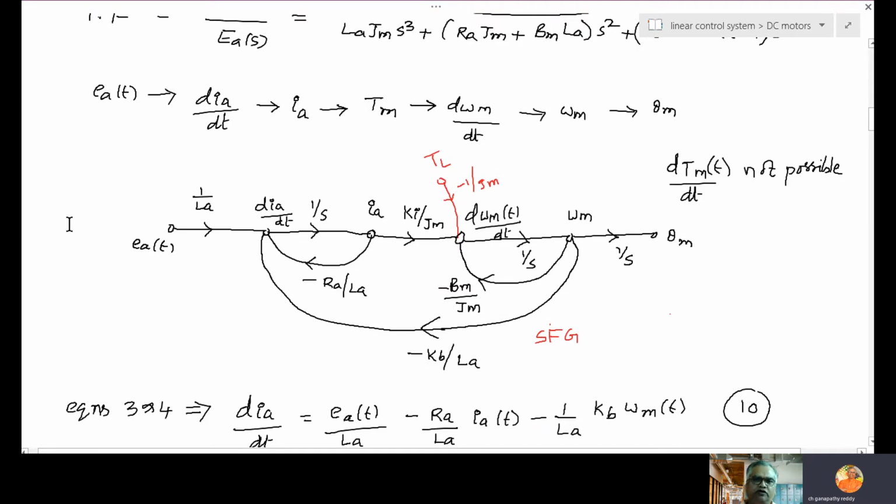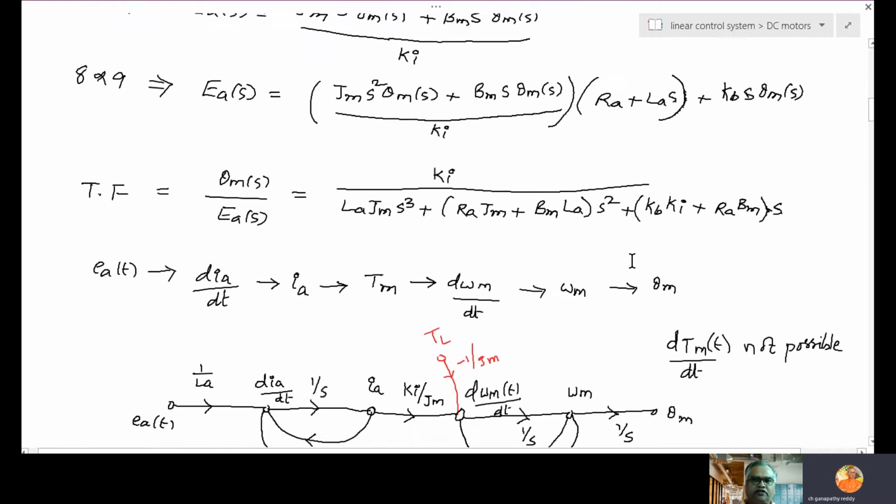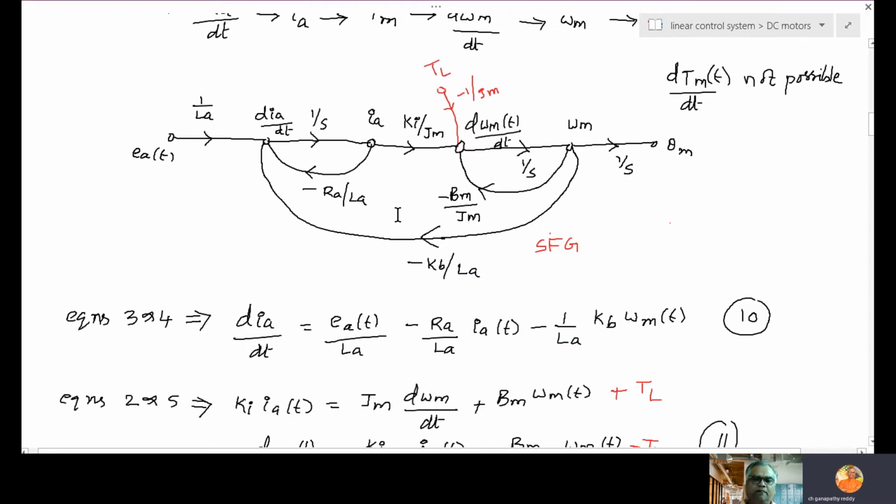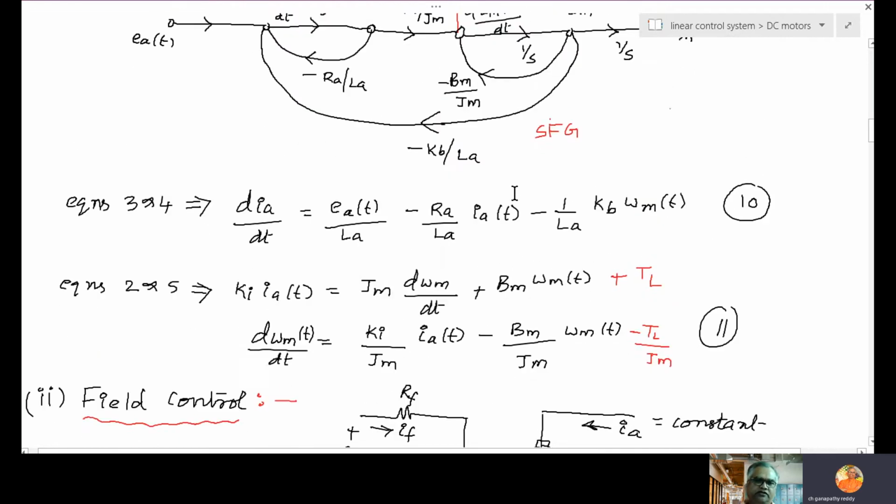On this signal flow graph, using Mason's gain formula, if you find the transfer function, you will get the same thing. Or if you convert into a block diagram and use block diagram reduction, again you will get the same transfer function.